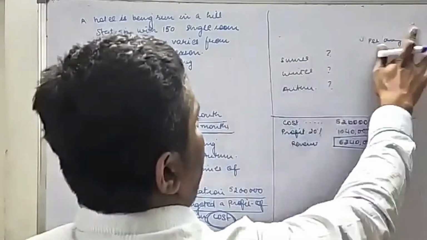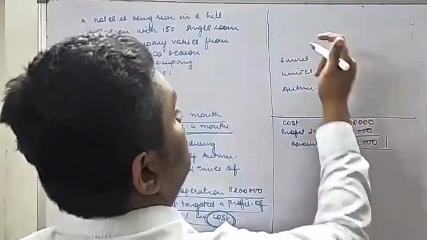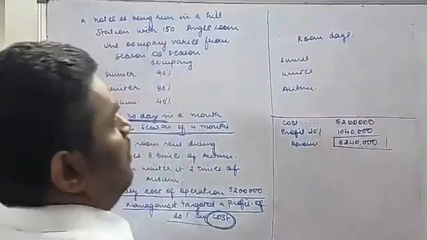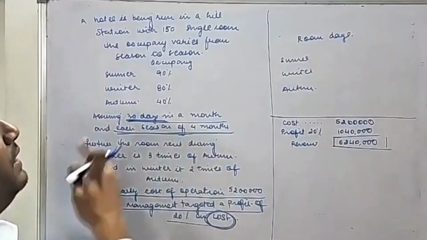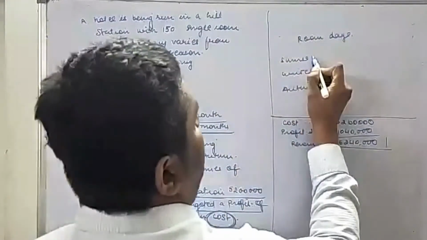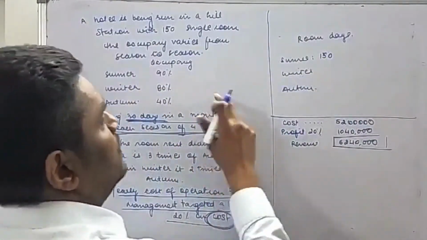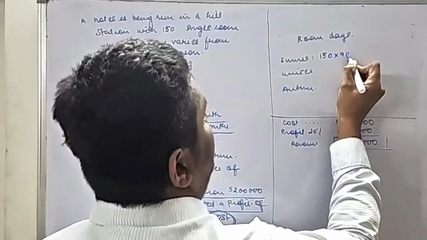Now let's calculate the room days. See, the total number of rooms are 150. The occupancy in summer is 90%.